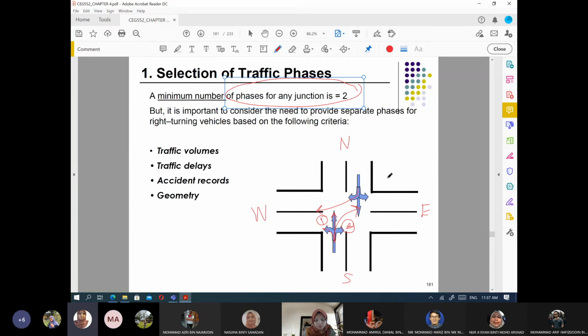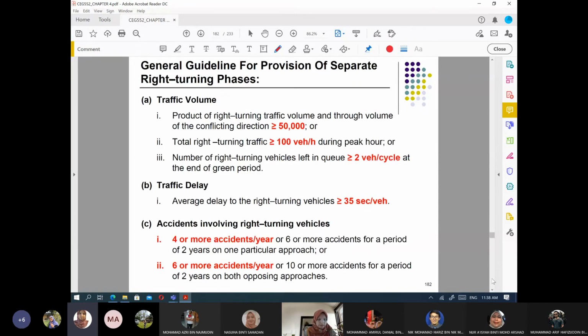Okay, kita tak boleh lagi buat macam two phase punya condition ni anymore. Okay, we couldn't practice this two phase, especially in Malaysia lah, right? Rarely used. Okay, kecuali jalan tu jalan kampung, sangat sikit kenderaan, tak apalah. Okay, so most of the time kita akan go for four phase, right?